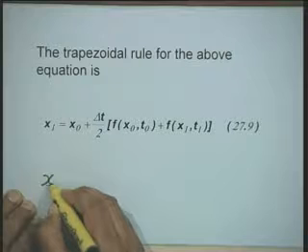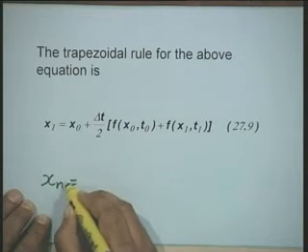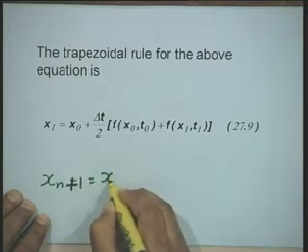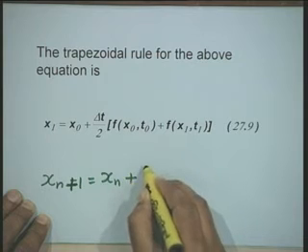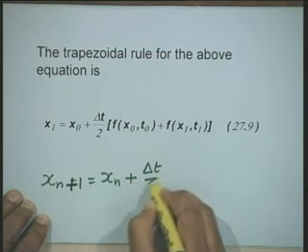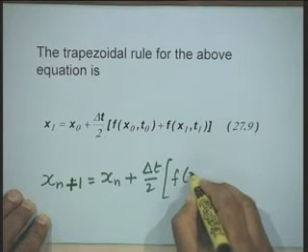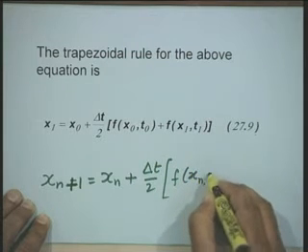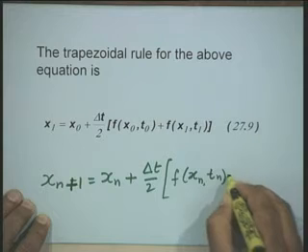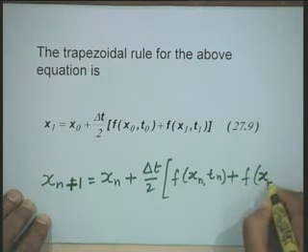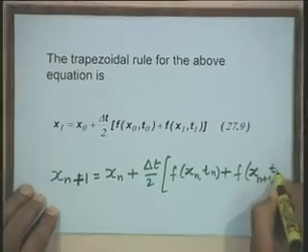The algorithm can be written as: x n plus 1 will be equal to x n plus delta t by 2 times f of x n, t n plus f of x n plus 1, t n plus 1.